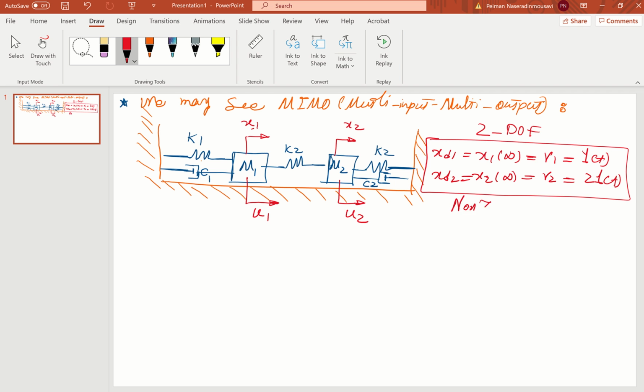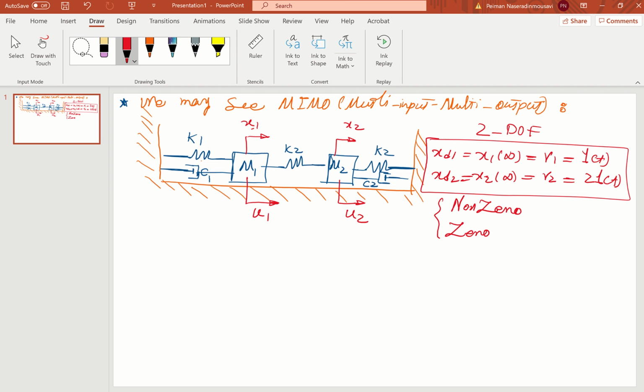Remember, non-zero. I'm going to do both 0 and non-zero.